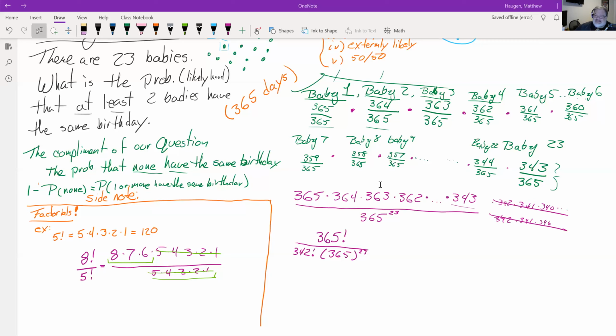And again, these numbers are gigantic. Even looking at, say, 20 factorial, 20 factorial is 2.4 times 10 to the 18th.